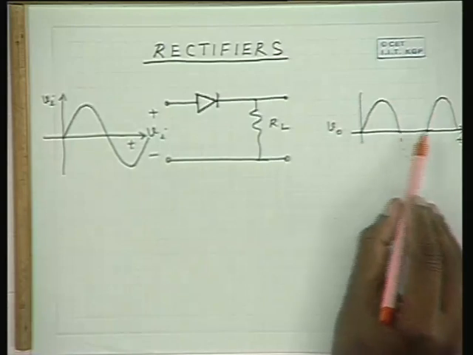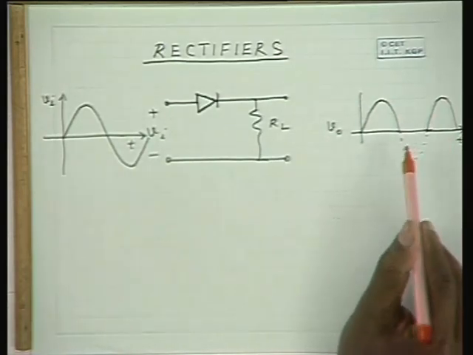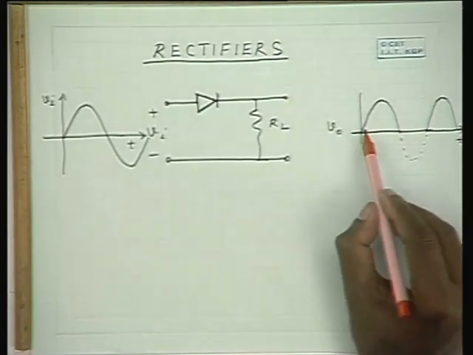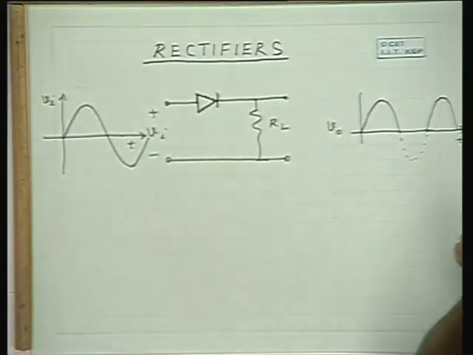So, this kind of operation is known as rectification. It clips the negative portion and makes the voltage a positive voltage, or a negative voltage if you reverse the terminals. Okay. So, this application is known as rectification.